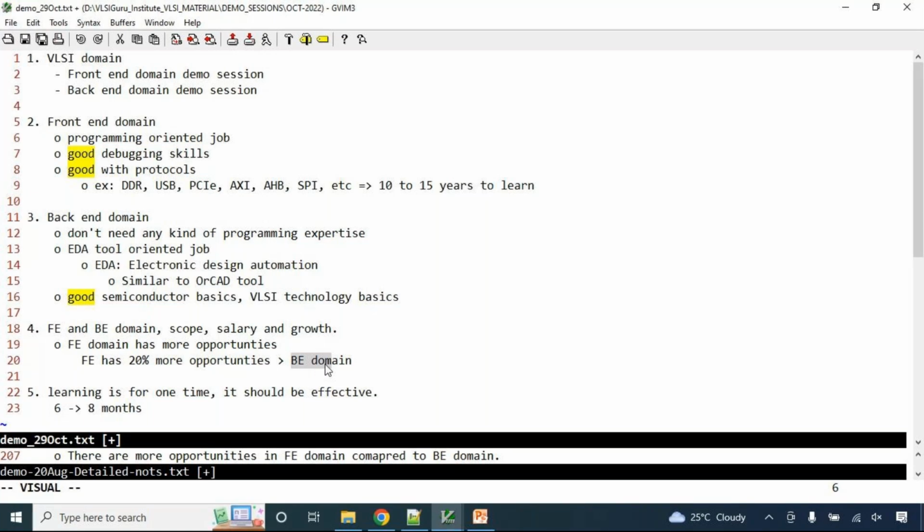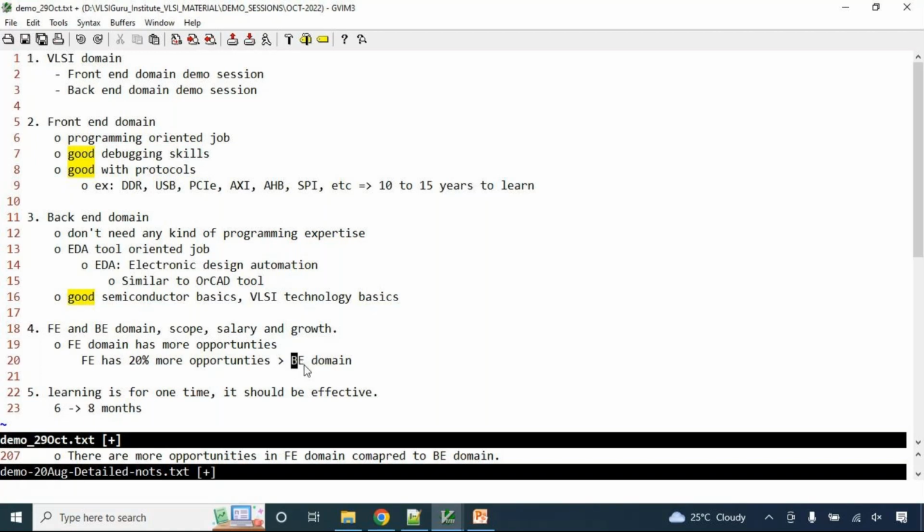You might know the cost of tools. In college you don't see that. Actually, in college, you get licenses for around 10 lakhs. If a company has to purchase the same tools you used in college, they have to spend a minimum of 2 to 3 crores, 20 or 30 times more. Hence, it is difficult to set up a company in the back-end domain.